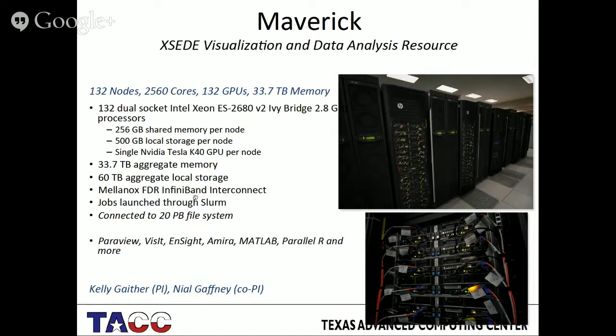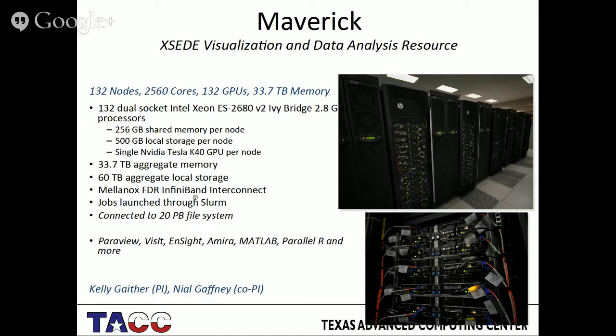Okay, so that's Stampede. I'm going to move on to Maverick. That's our newest system. It was just installed earlier this year. Unlike our other systems, which if you notice were all Dell, this is an HP system, so that's a nice change. It's primarily for visualization, and it's set up and configured to encourage interactive visualization.